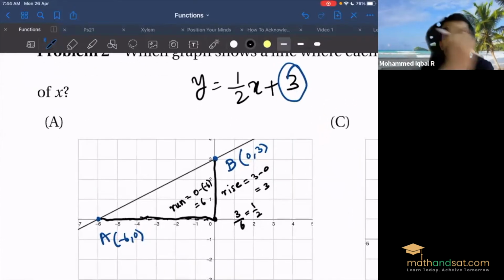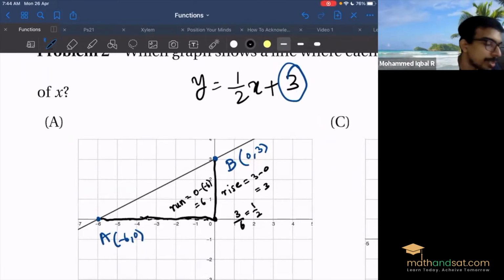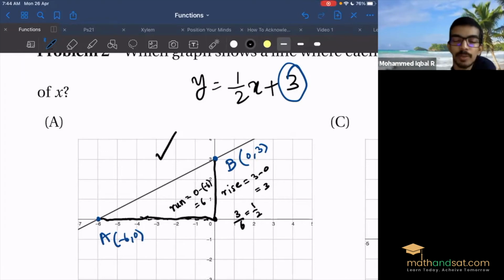This exactly matches the condition given in the question, so this is the right answer.